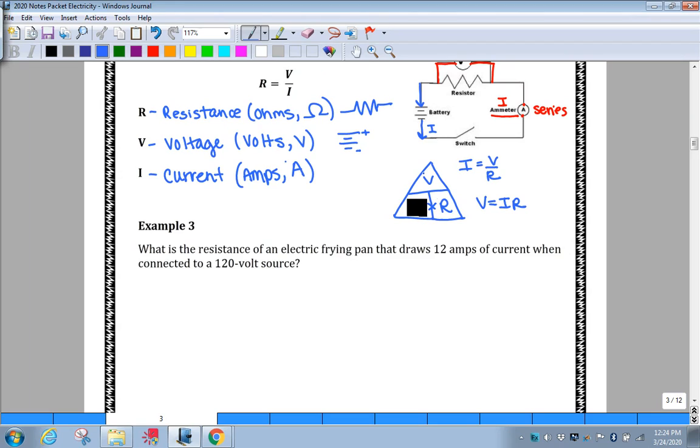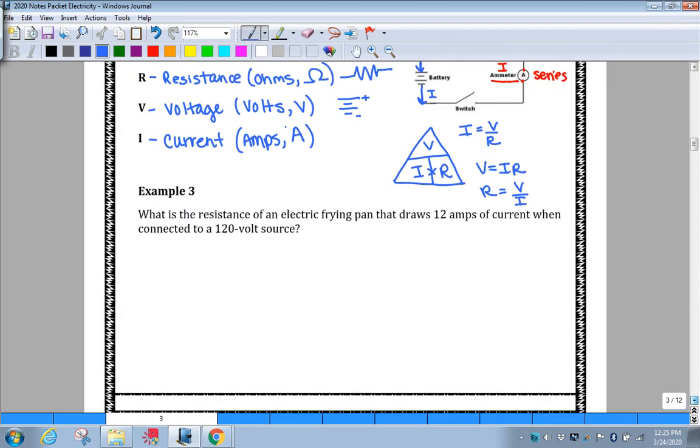Okay, so to get I, we're going to do V over R. And just third one we'll do to show you that it works every time. If I wanted to solve for R, okay, you would have V over I, and that's how the equation is shown on your reference table and also in the packet. So you could use Ohm's law to solve for any of those three, and you just cover up the one that you want. And then if they're on top of each other, that is division. If they're next to each other, that's multiplication.